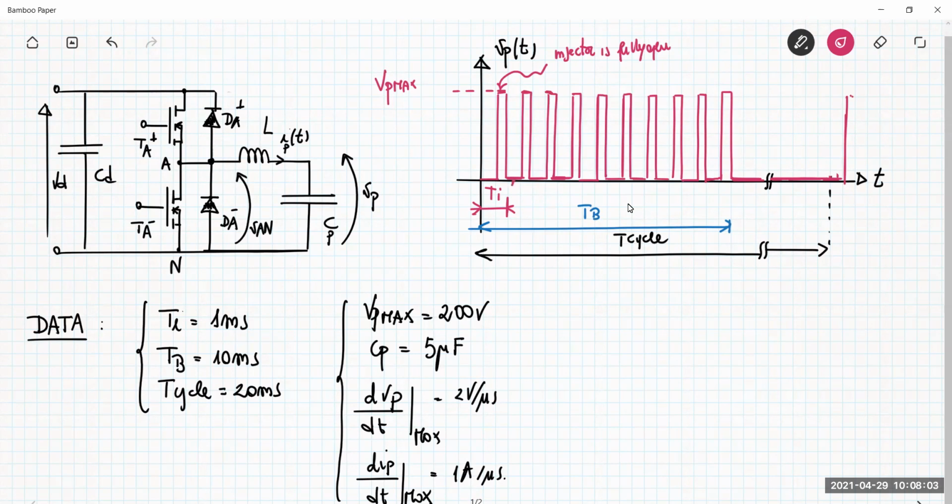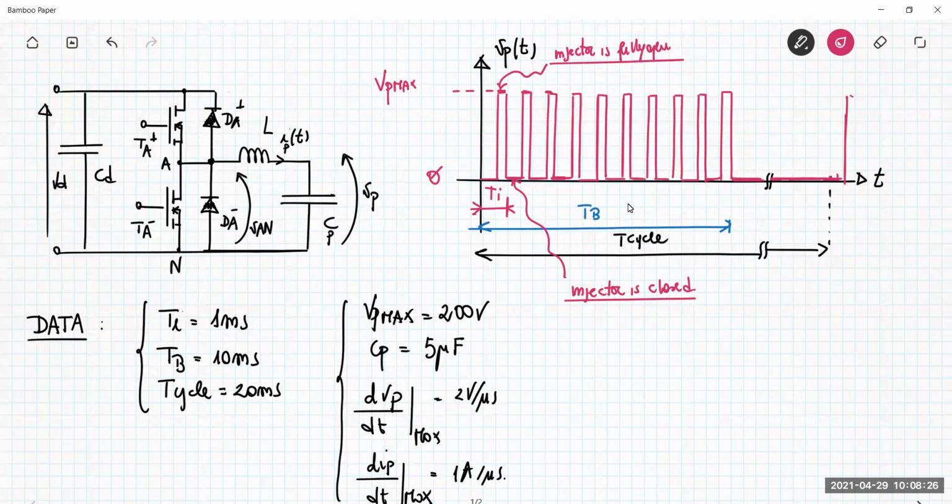While when the voltage Vp is 0, then the injector is closed. No injection of fuel into the combustion chamber is carried out in that situation.